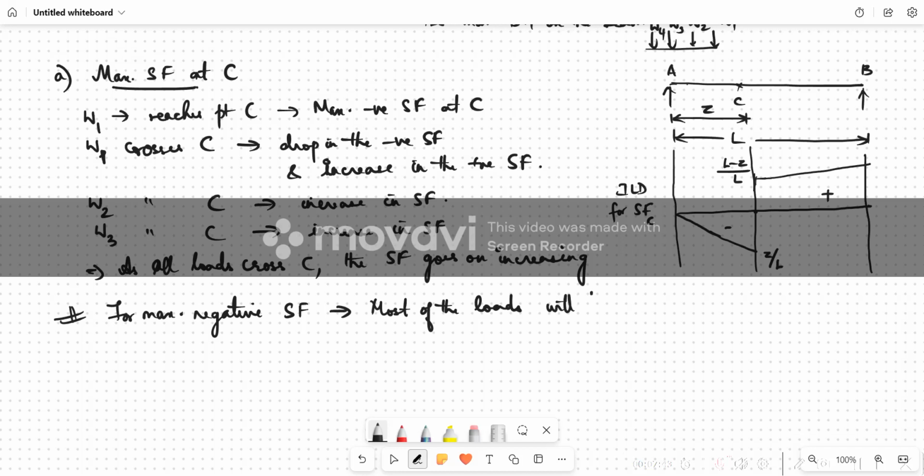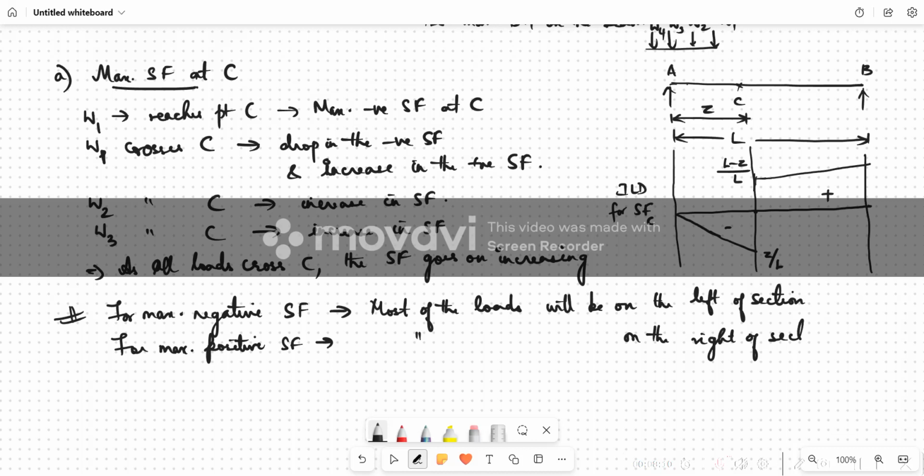Most of the loads will be on the left of the section selected. For maximum positive shear force, most of the loads will be on the right of the section, after checking some trials. So this is what you can infer for maximum shear force at C.